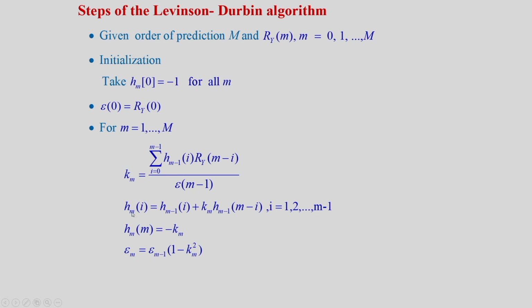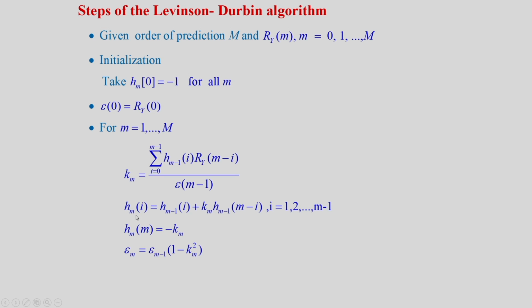And then we will update Hmi equal to h of m minus 1 i plus Km into h of m minus 1 m minus i. This we will do for i equal to 1, 2 up to m minus 1. Then we will put Hm of m equal to minus Km, because we have determined up to m minus 1 by this relationship, and since we have determined Km, Hm of m will be equal to minus Km.